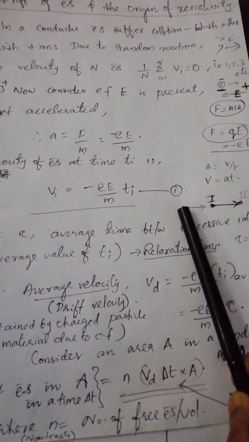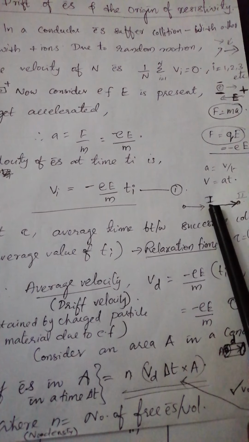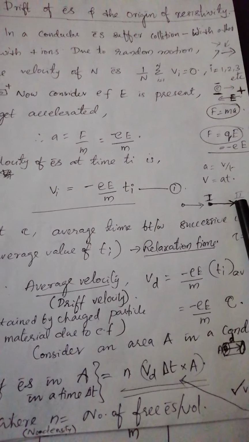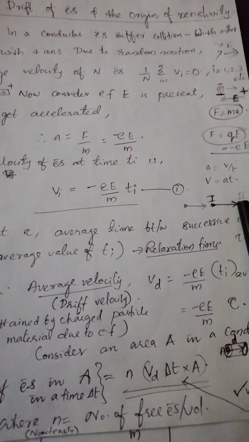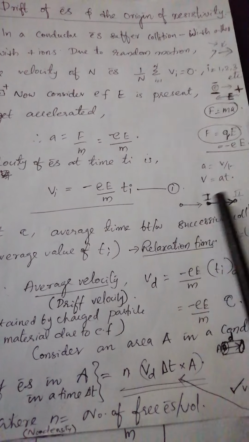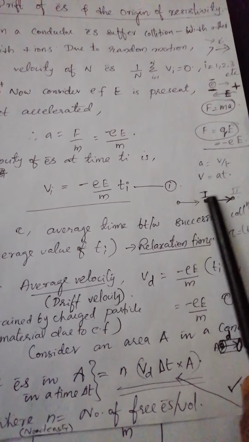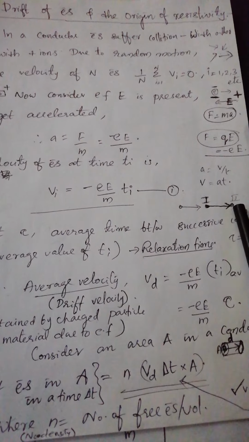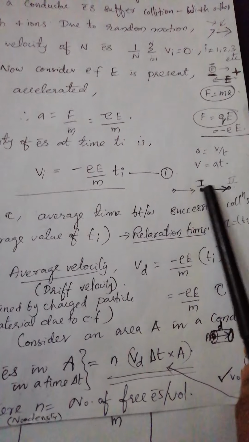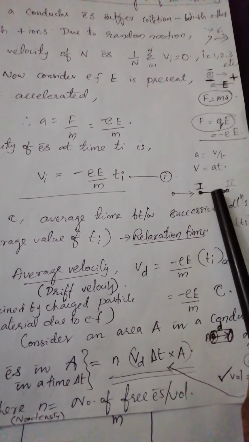Consider one electron moves forward, then it collides with another one, the first collision. When it moves, it undergoes one more collision with another electron. So 1, 2, 3 collisions may be possible. These are the successive collisions undergone by an electron. So due to these successive collisions, the velocity of the electron varies.